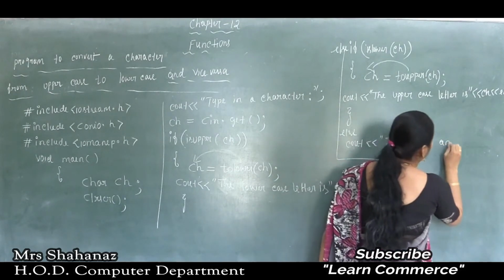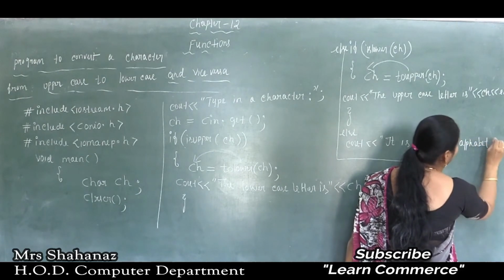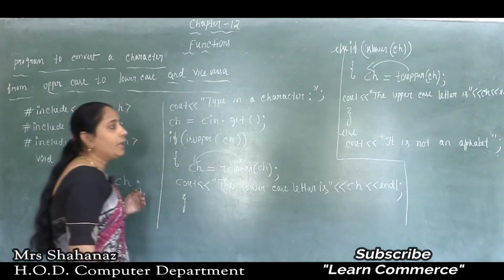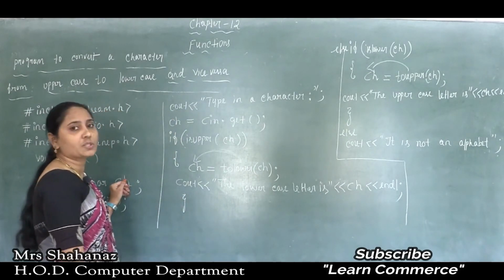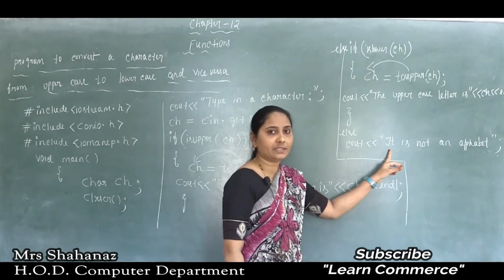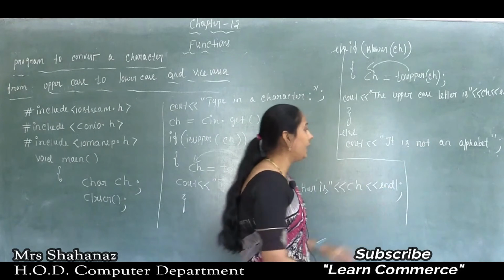Okay, here whatever the character, maybe plus sign or maybe the minus sign, if you input it through the keyboard, that is not equal to a capital or small letter, that means the program needs to display the message: it is not an alphabet.